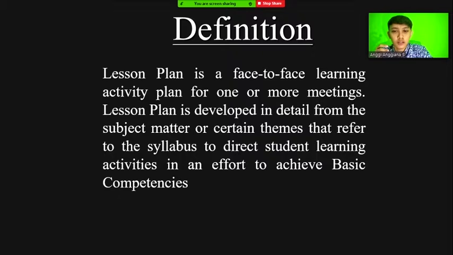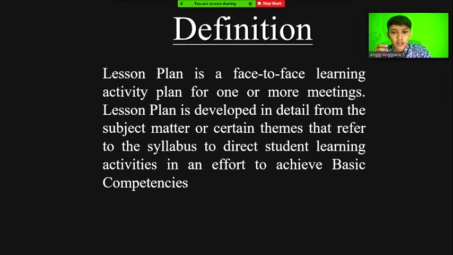But we still use the lesson plan, of course. The lesson plan can be used for that method, I mean in social platforms, not just in face-to-face learning for now.